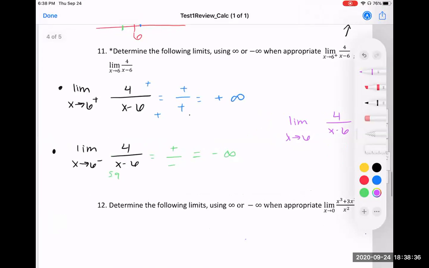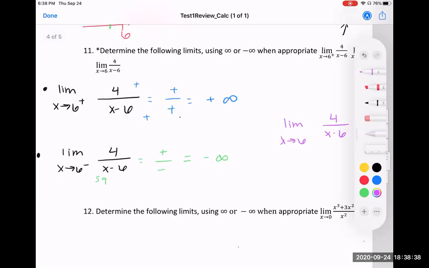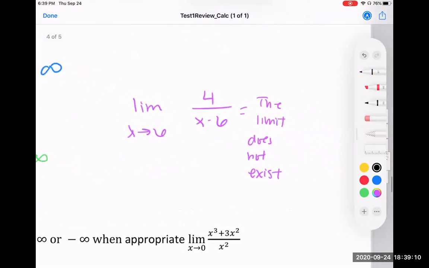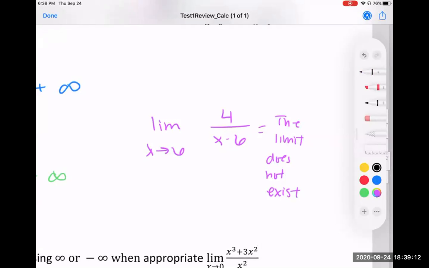So the limit from the right. We have a rational function with an asymptote at 6. If it's coming from the right, we said we're going to positive infinity, so it's going this way. If we're coming from the left, according to our calculations, it's going to negative infinity. Because these are going in different directions, our final conclusion for the limit as x approaching 6 is that it doesn't exist.